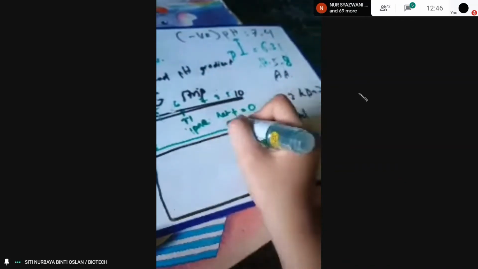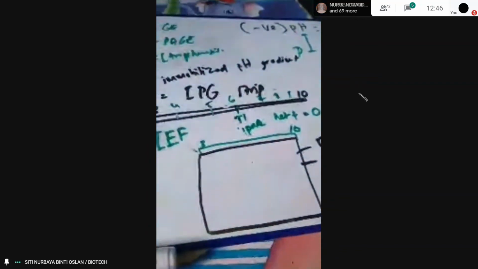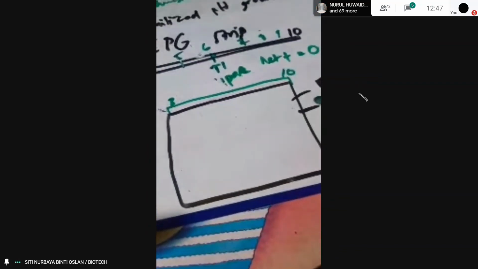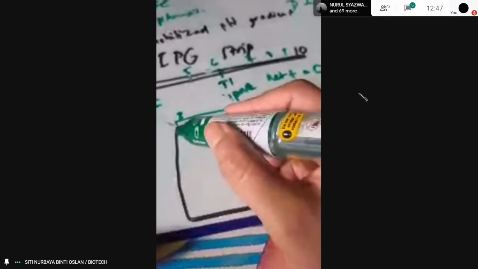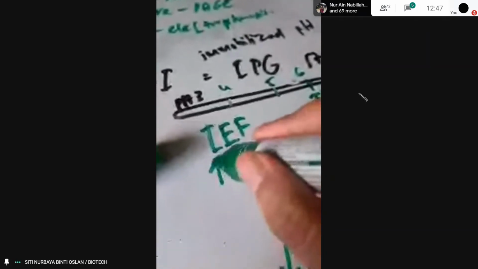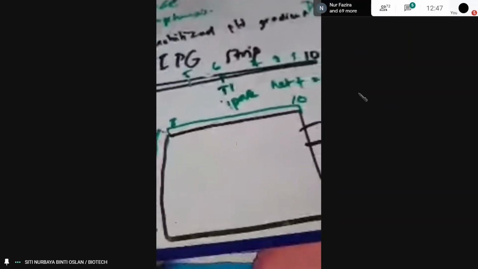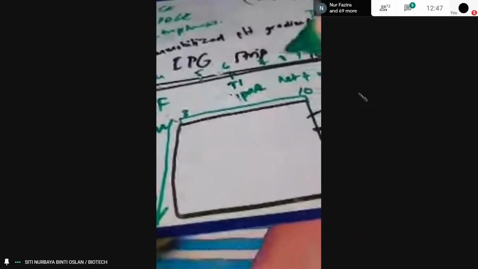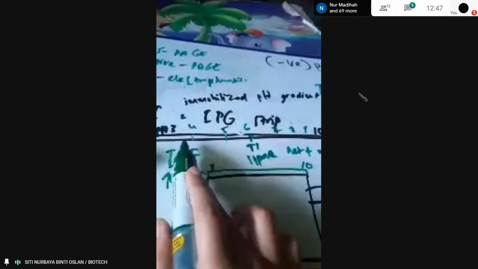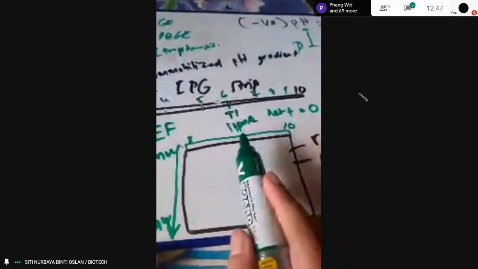So this is starting at pH 3 and ending at pH 10. After that, we're going to run this. This is high molecular weight, where we separate the protein based on molecular weight, high molecular weight and then low molecular weight. This is the T1 lipase. You see, the T1 lipase is first separated based on the PI.